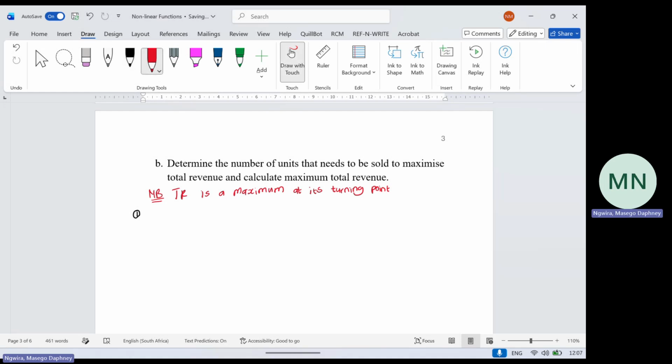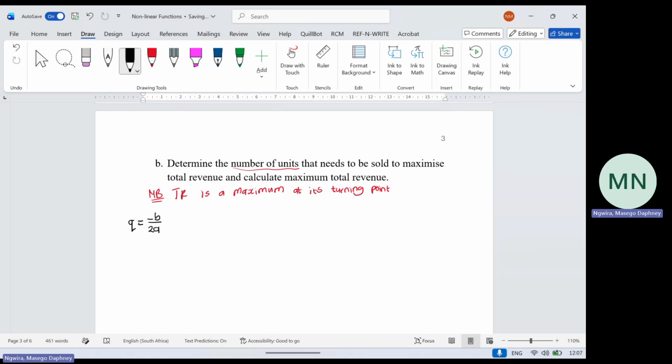They want us to determine the number of units. So when you determine the number of units, it means that we are going to calculate the turning point. So it's going to be Q is equals to negative B over 2A.